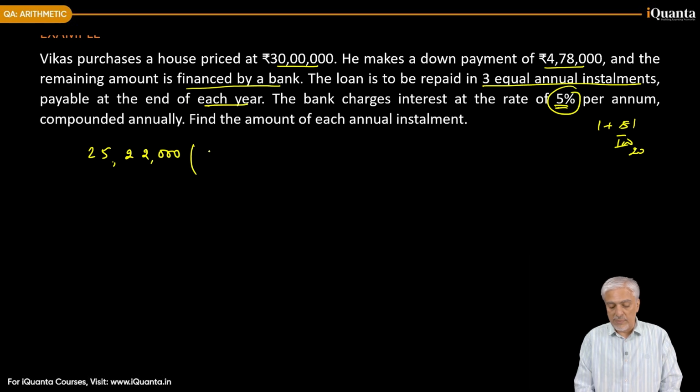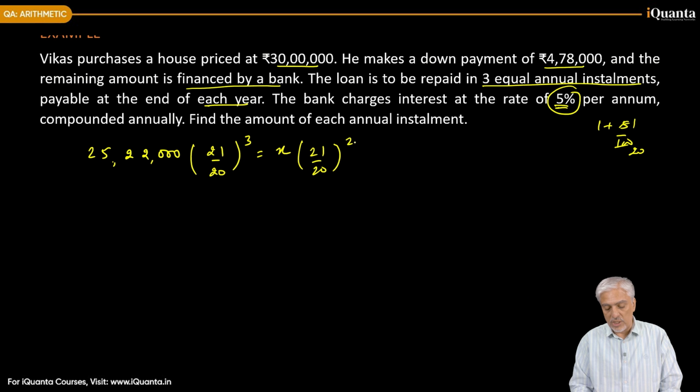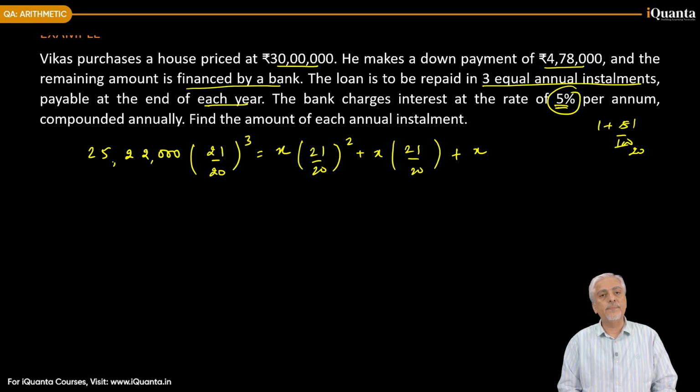So it will be 21 by 20 because it is 3 years. Left hand side will be 3 years. Right hand side, I need the installment. So x into 21 upon 20 the whole square plus x into 21 upon 20 plus the third x.